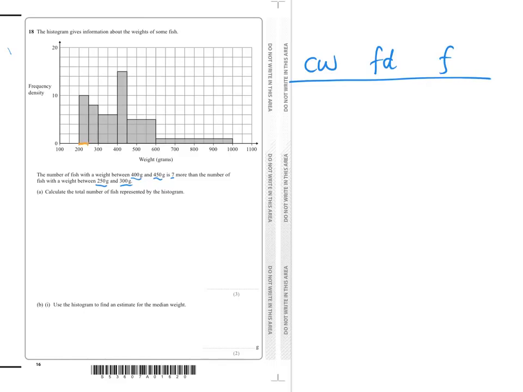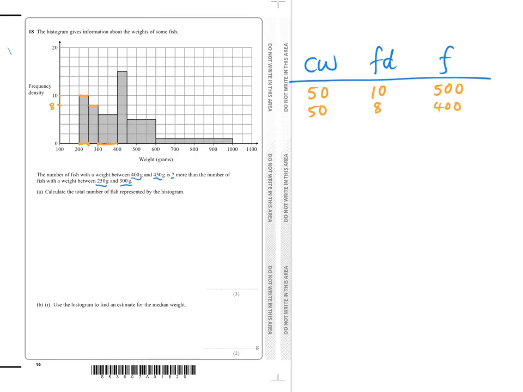We've got a class width of 50, a frequency density of 10. So the frequency is the area of the bar, so that's 500. The next one, the class width is 50. The frequency density is 8, because they go up in twos here, so that's 400.